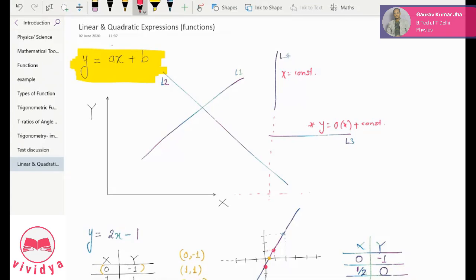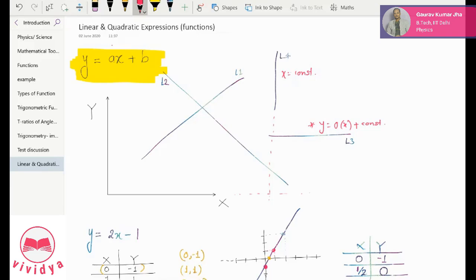No problem. Then apart from these two types of lines, we have another type of lines like L1 and L2 in general. Can you tell me the difference between L1 and L2? Anybody? Remember how we made a difference between a horizontal line and a vertical line, right? Think about it. Tell me.